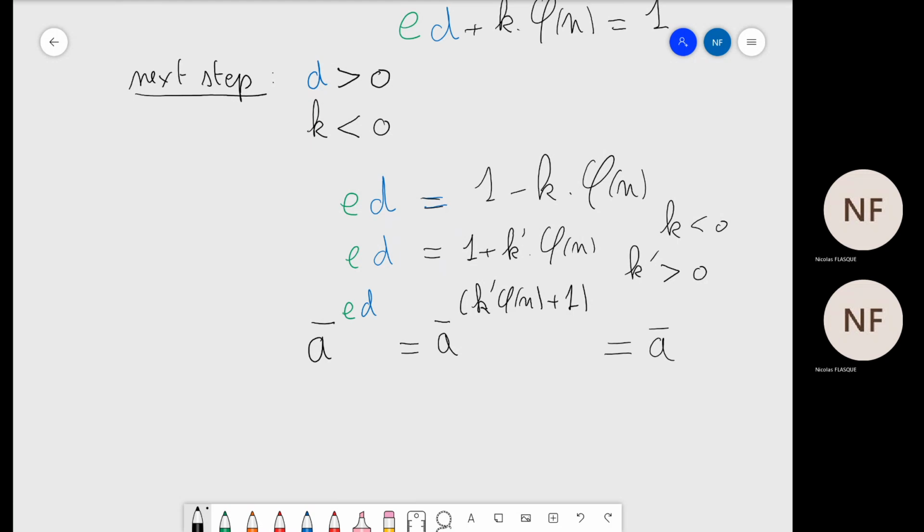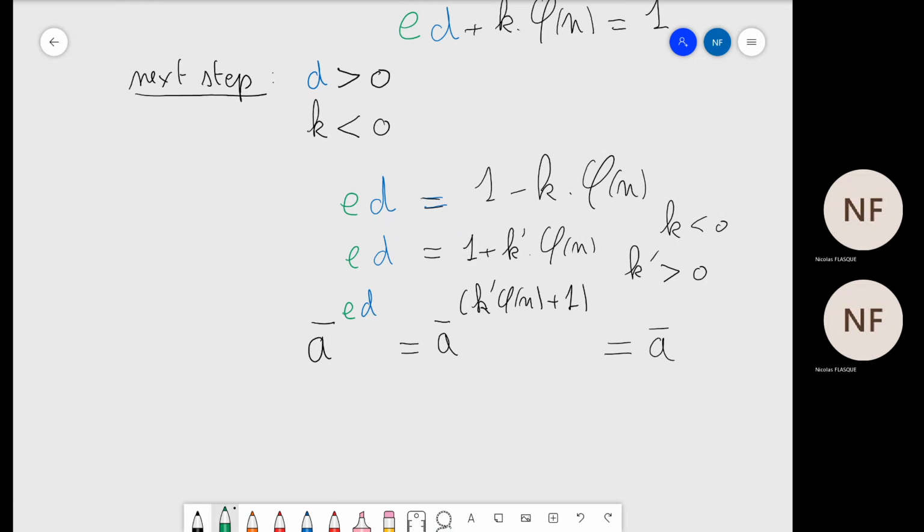So if you have something to remember here, it is that you can always find a couple e and d for which a bar to the power of e times d is equal to a bar.